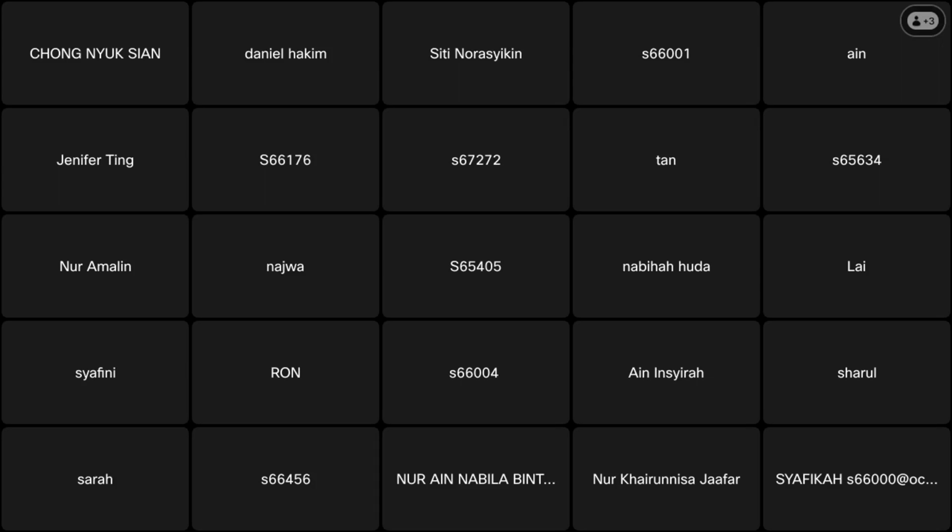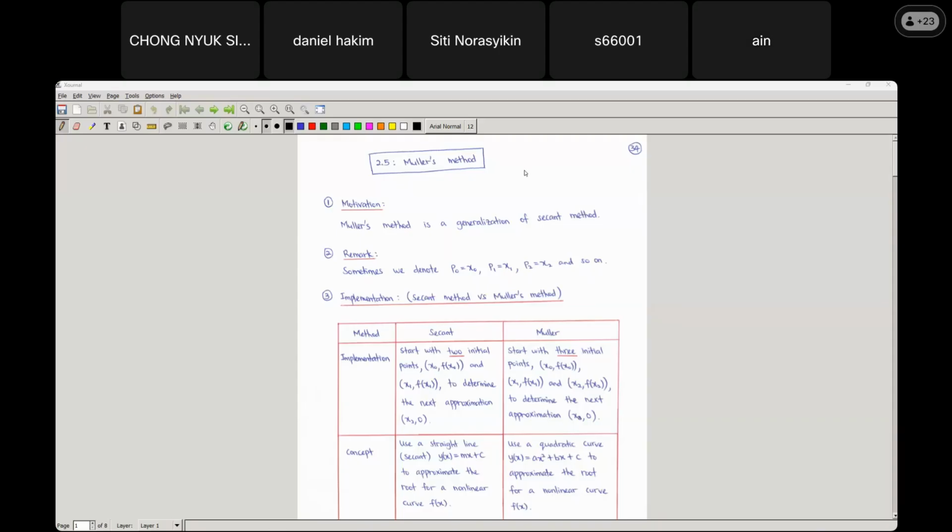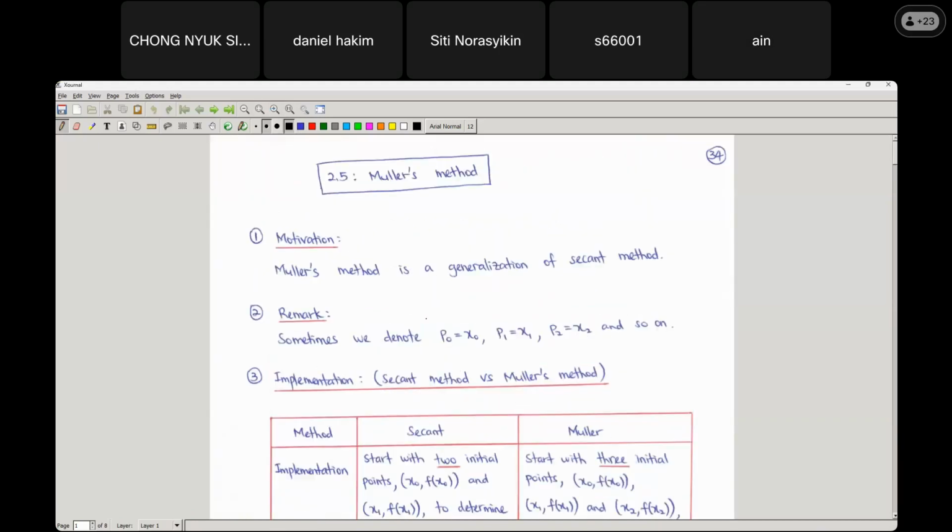Guys, today I will not give you the 5 minute break, because I'm afraid that I may not be able to complete this section during today's class. But I wish to complete this section, this Muller's method, within this class. If we end earlier, then you can rest earlier, all right? So I'm sorry for that. You need to bear with me a bit, okay?